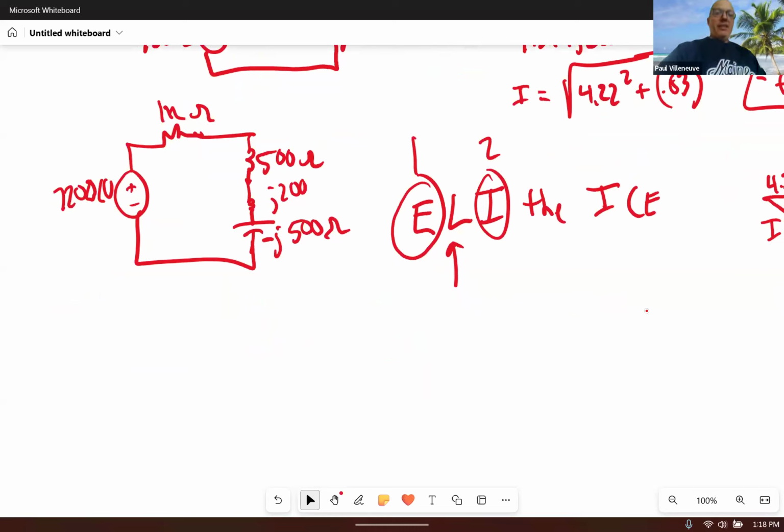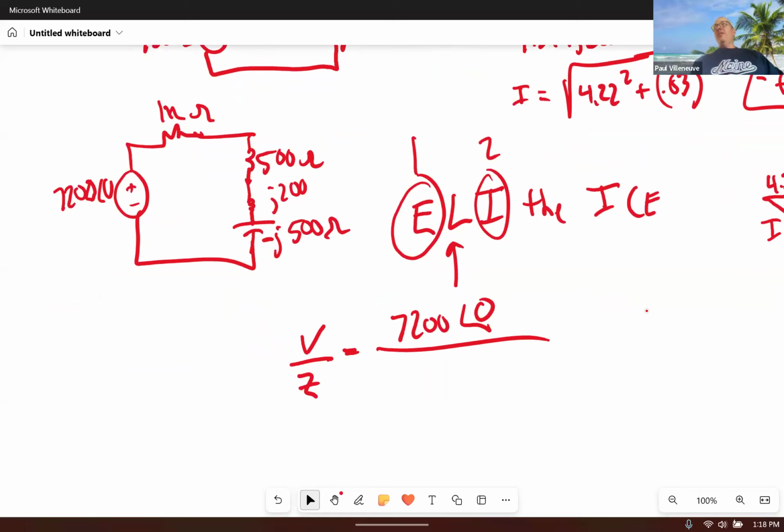It's going to be V divided by Z is going to be equal to my 7,200 at an angle of 0. And I'm going to divide that by my Z. So the way that you do that is you add up all the resistors together, all the real parts, 1.5K. And then I add up all the imaginary or reactive parts.